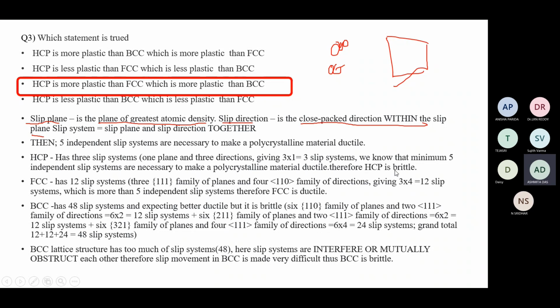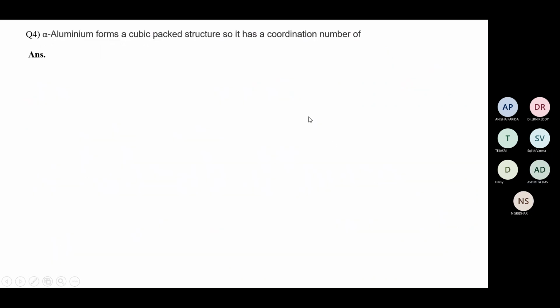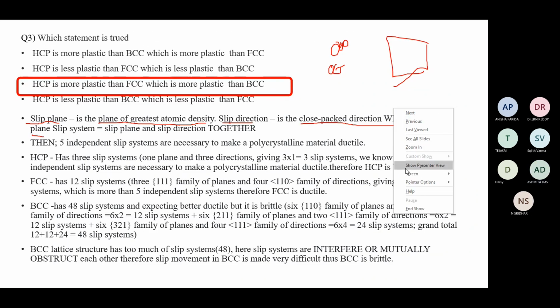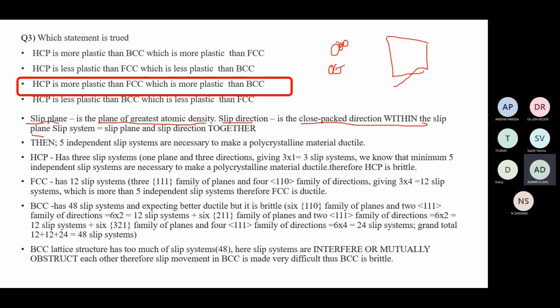So HCP is basically brittle. This is a thumb rule: you have to have a minimum of 5 independent slip systems to make any material ductile. For HCP, there are three slip systems, two are independent and one is dependent. So we can say HCP is a non-ductile, brittle material.